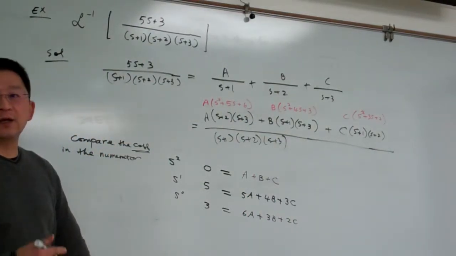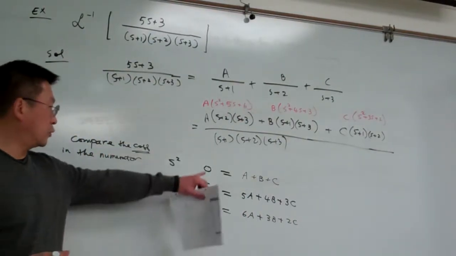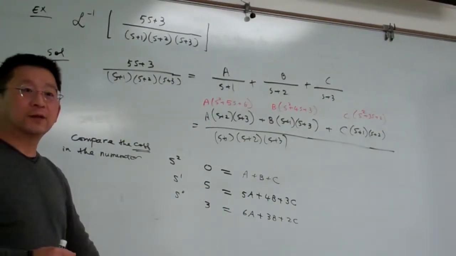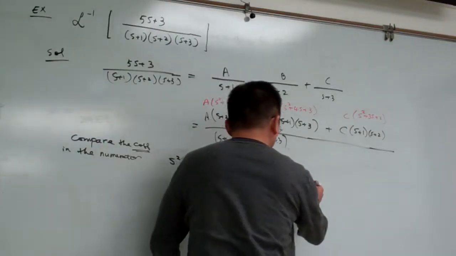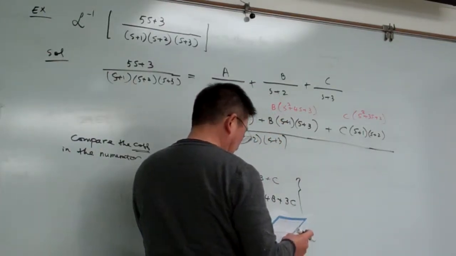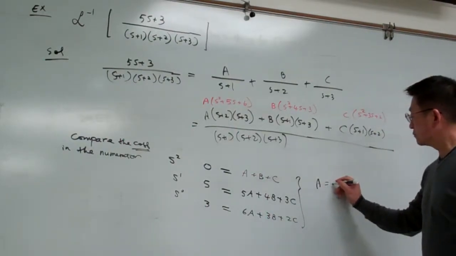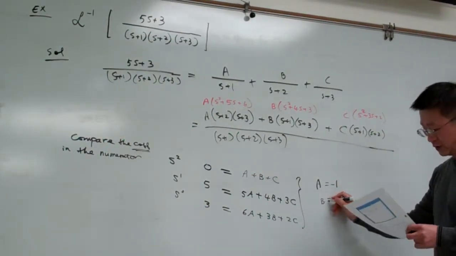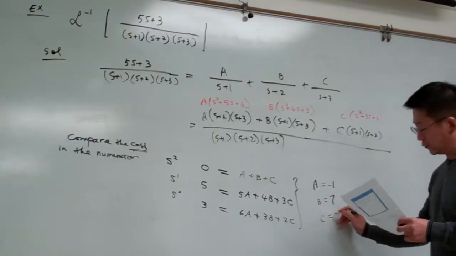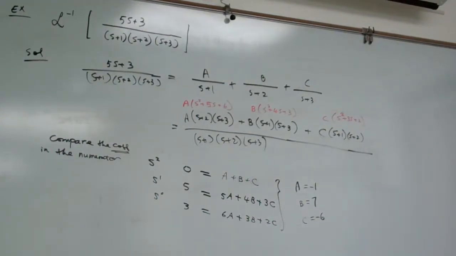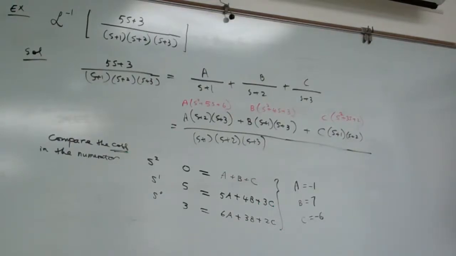So 3 unknowns, a, b, c, and we have 3 equations we can solve. We should be able to get a equal to minus 1, b equal to 7, and c equal to minus 6.